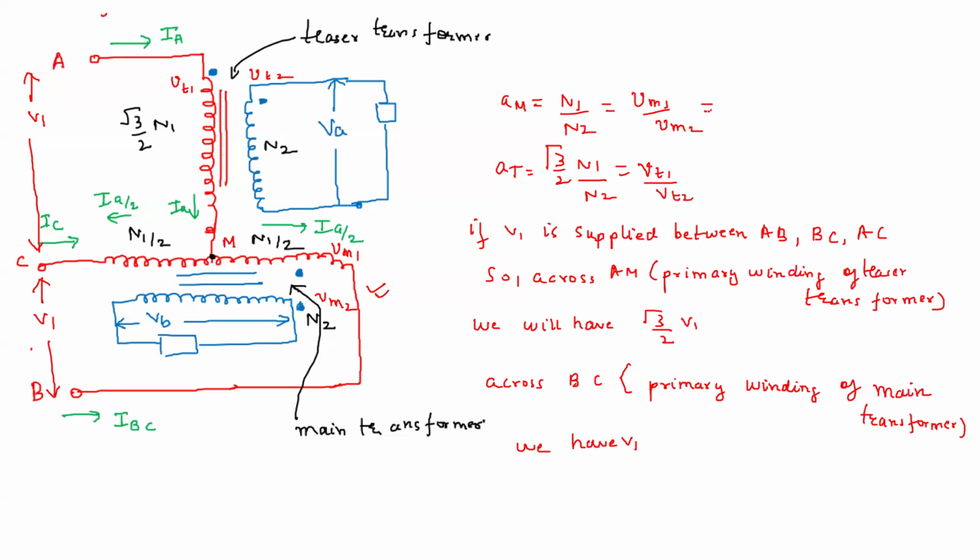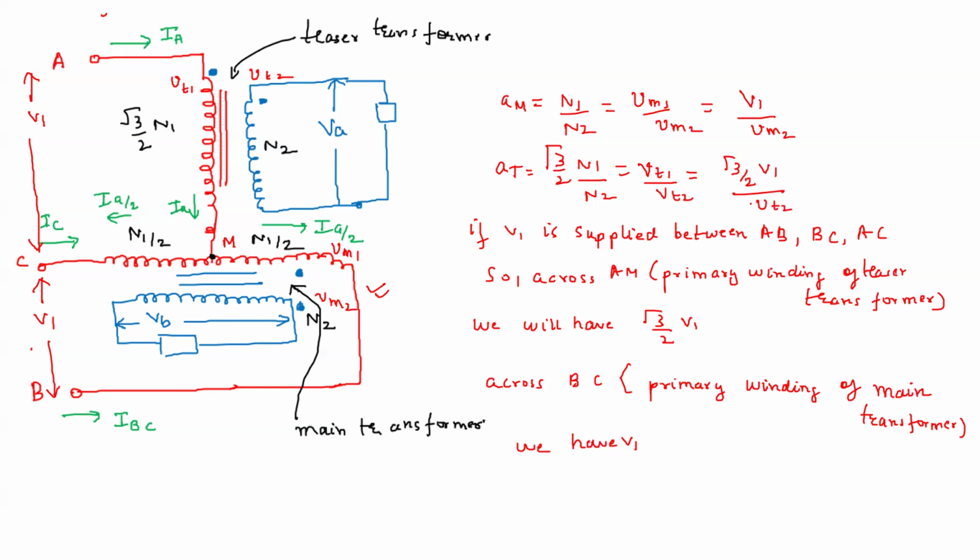Now you see, VM1 is across BC, the primary winding of the main transformer, where we are giving V1. So we can find what will be VM2. Similarly, across the primary winding of the teaser transformer we are getting root 3 by 2 V1, if we give V1 at AC. So this is root 3 by 2 V1 by VT2.